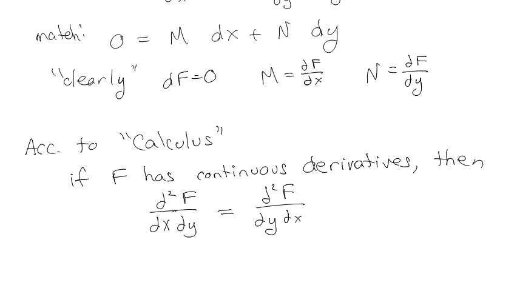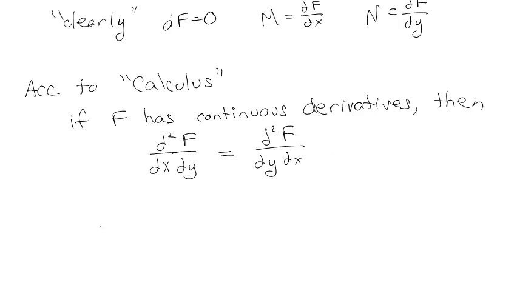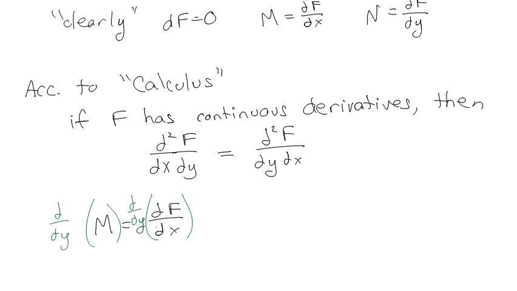So if I know that m is equal to partial f partial x, and I take the partial with respect to y of both sides, then I get that partial m partial y is equal to partial squared f partial y partial x. Okay?